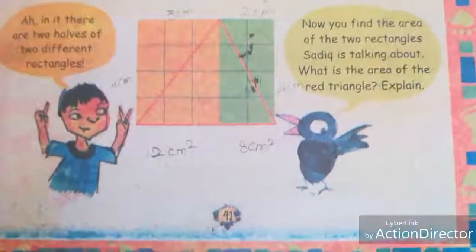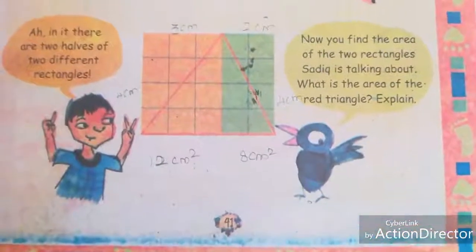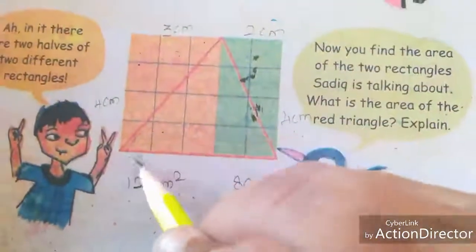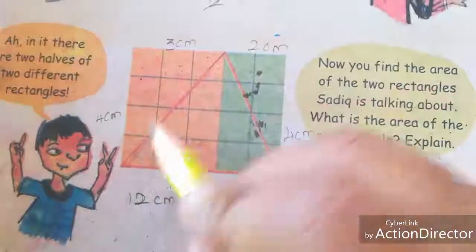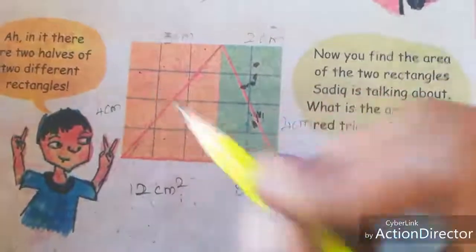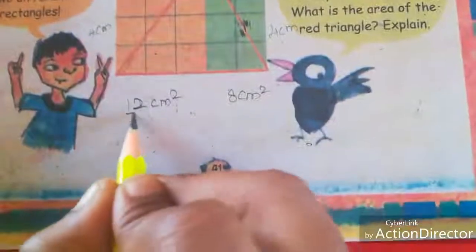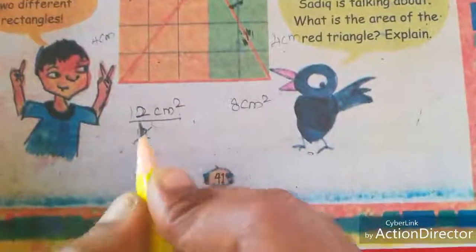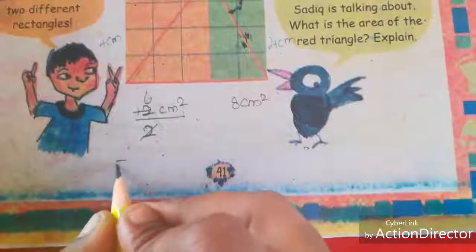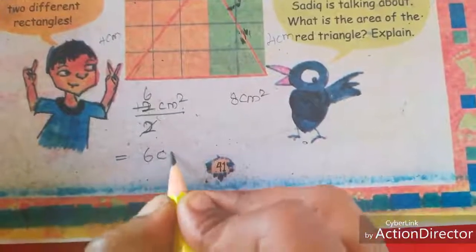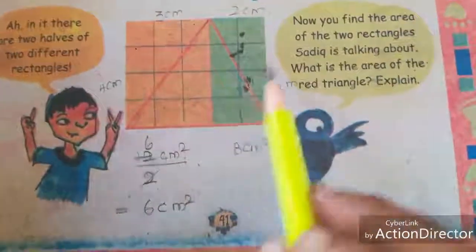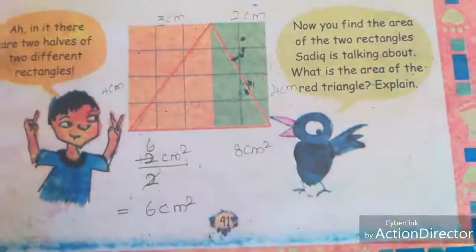Now we can easily find the area of the triangle. See, this line divides the orange rectangle into 2 halves. So 12 divided by 2. 2 6s are 12. So what is the answer? 6 centimeter square. Here the green rectangle is also divided.